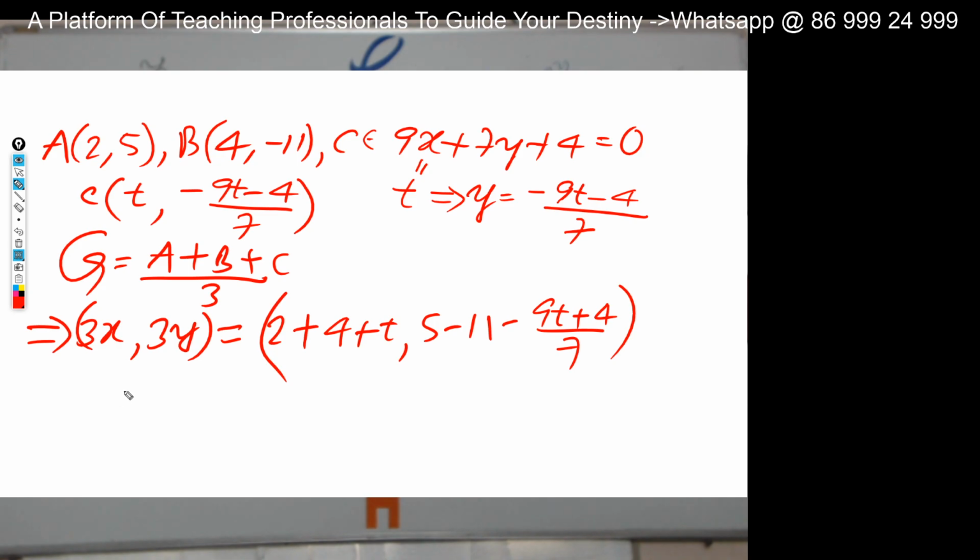Now t is to be eliminated, please. What is 3x now? 3x is equal to 6 plus t. What is 3y? It is equal to minus 6 into 7, minus 42 minus 9t minus 4, divided by 7.